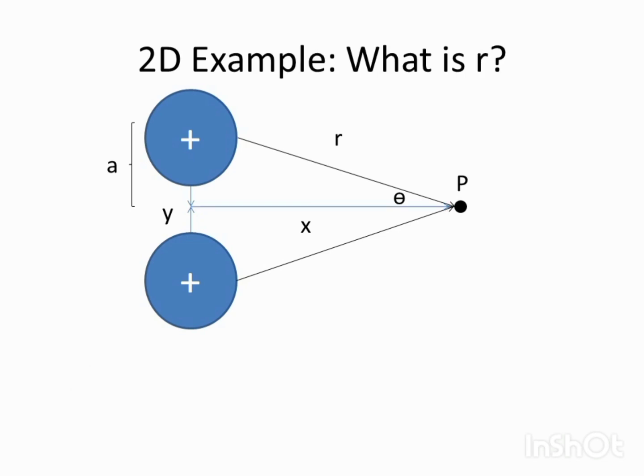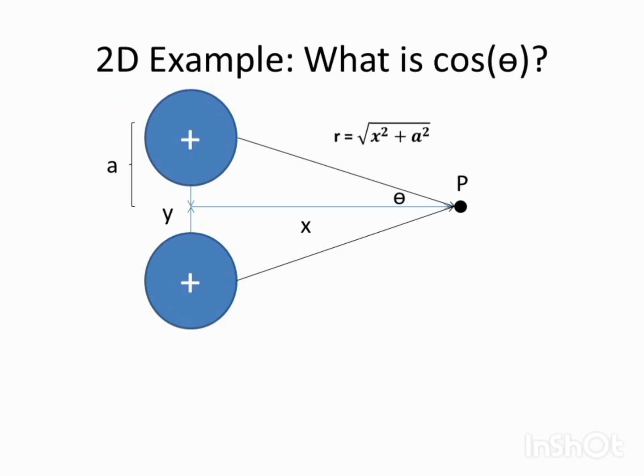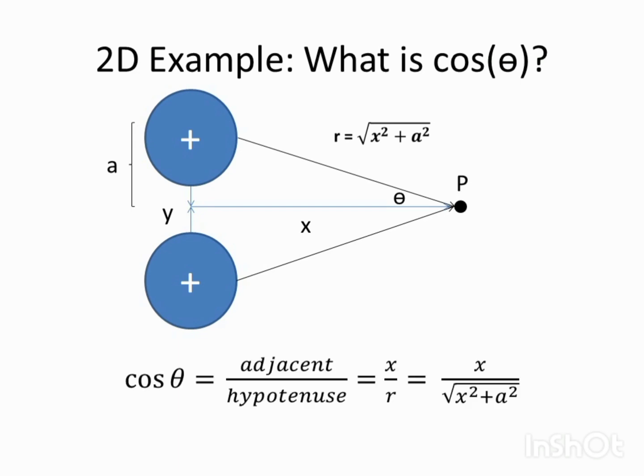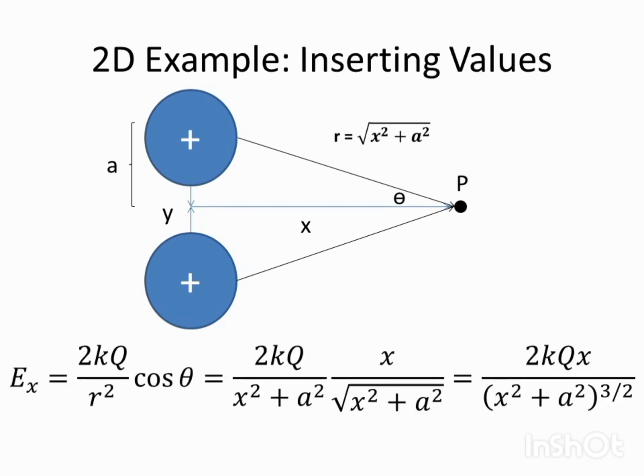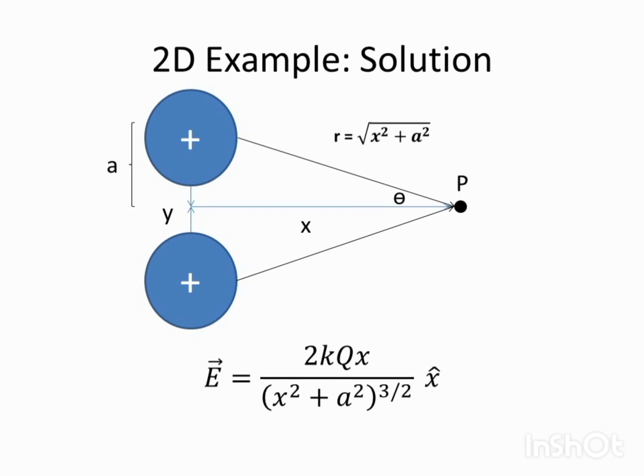We already determined that we can solve for r by simply using Pythagoras' theorem. Now that we have r, we can solve for cos theta using simple trigonometric rules. We can now obtain the x component of the electric field by plugging these values in. We now have the solution for our electric field.